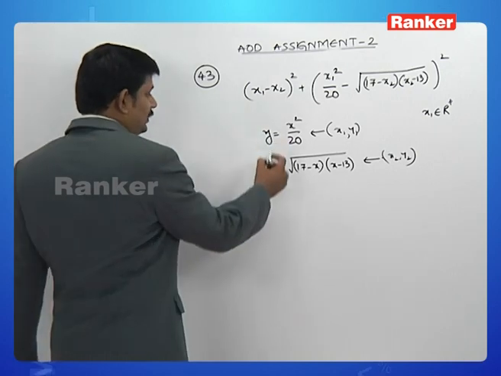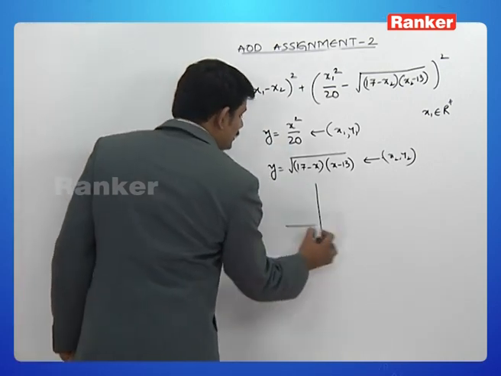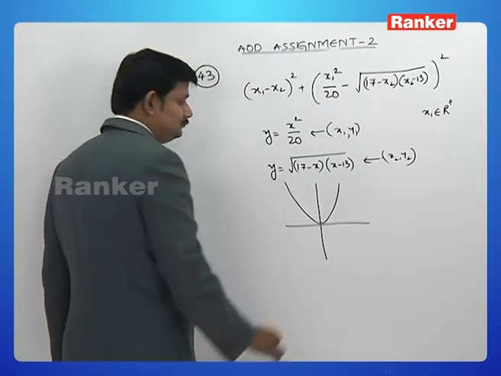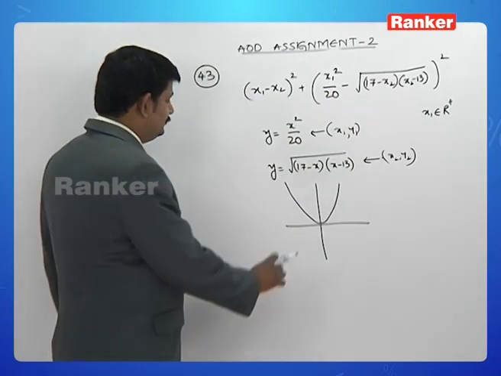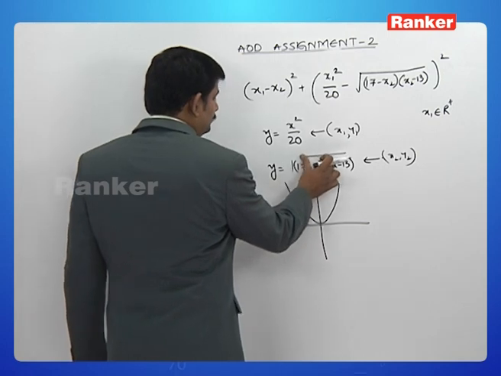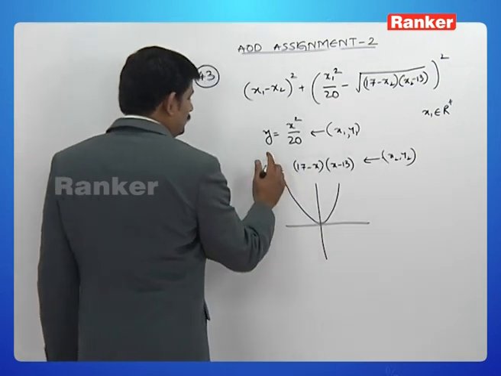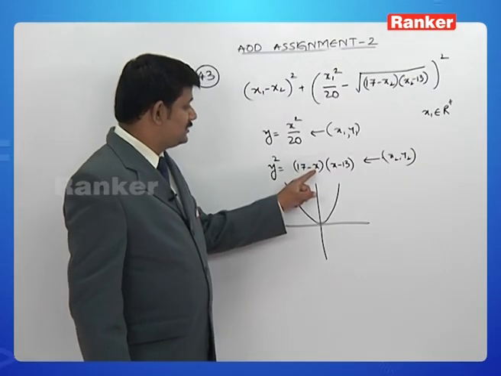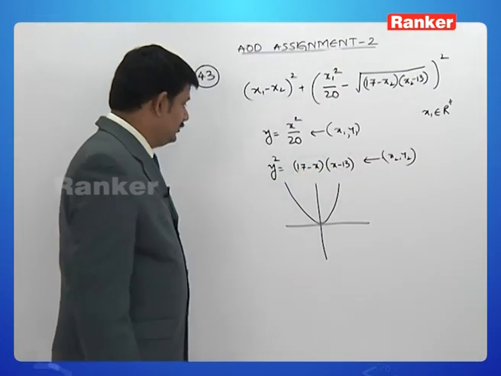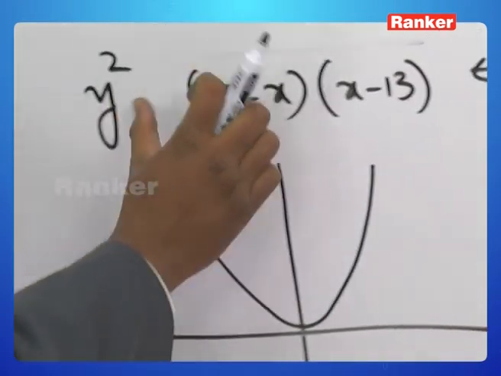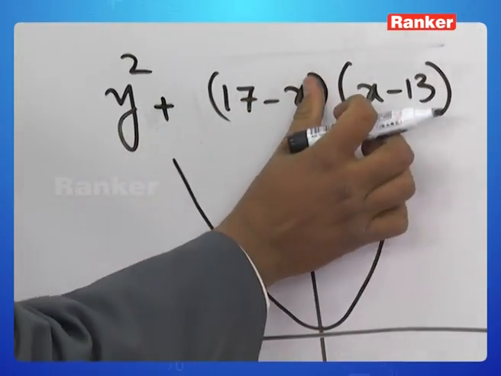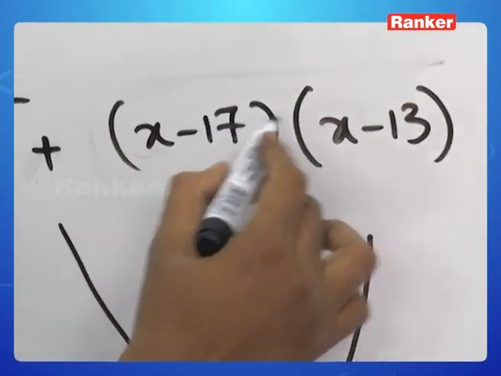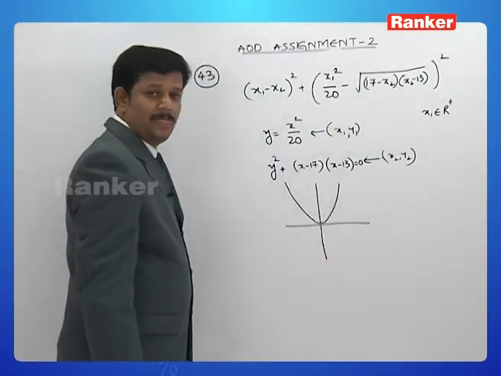Now the first curve, we understand it is a parabola, y is equal to x square by 20. Second curve, square it: y square is equal to (17 minus x) into (x minus 13), or y square plus (x minus 17) into (x minus 13) is equal to 0.